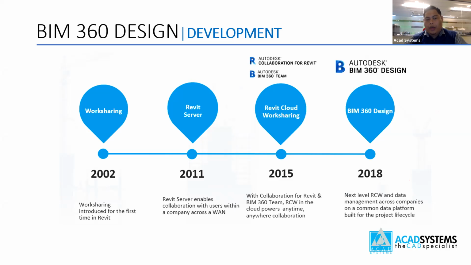It was developed until it reached the state where we rely on the cloud storage or cloud system to publish your work by using Revit Cloud Work Sharing in 2015. And then the idea was developed into the BIM 360 platform in 2018. It means whoever uses Revit version 2018.3 and above will be eligible to subscribe to BIM 360 design.